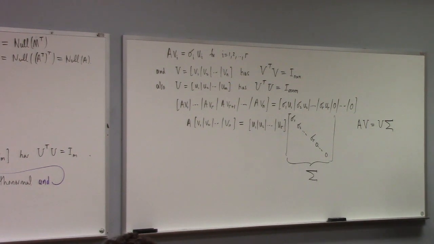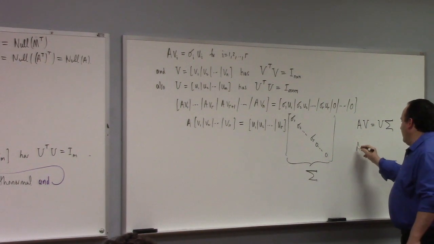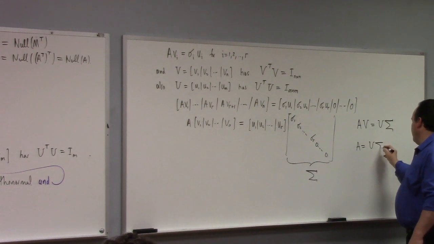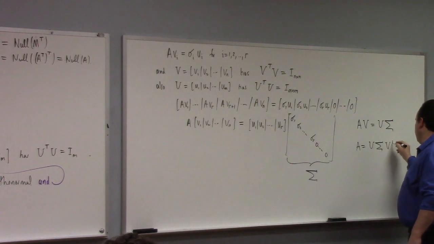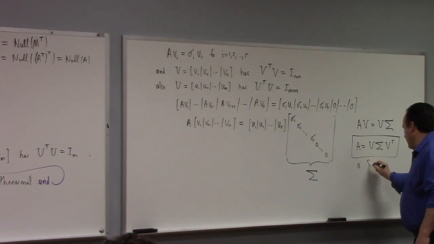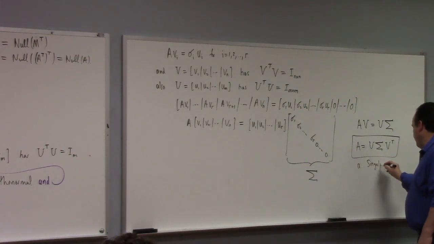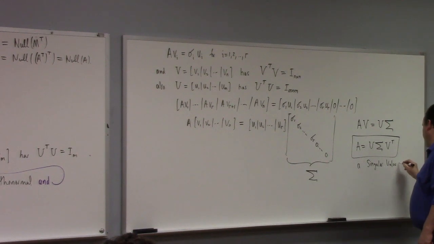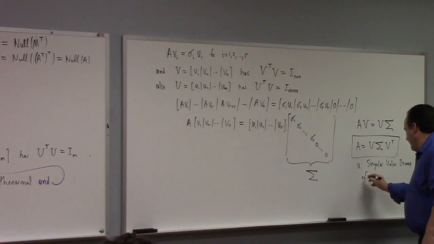And then finally, solve for A. A is equal to U Sigma V transpose. That is a so-called singular value decomposition of A.